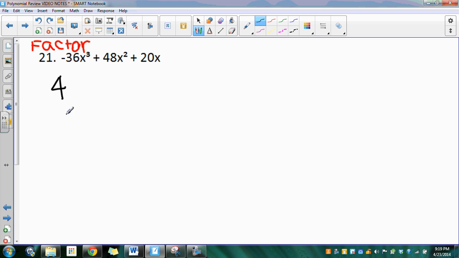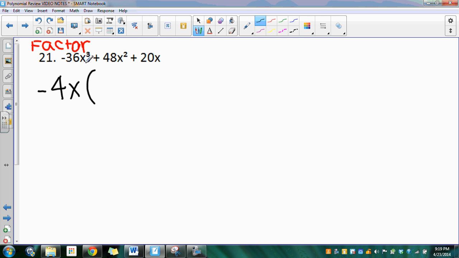Another thing that we can also factor out of the x's is 1x, because there's at least 1x in all of these terms. And lastly, I want to factor out a negative, because our first term here, our highest exponent, is negative, but in math class we don't really like it to be negative. So let's pull out the negative to make this term positive once we get inside of these parentheses.